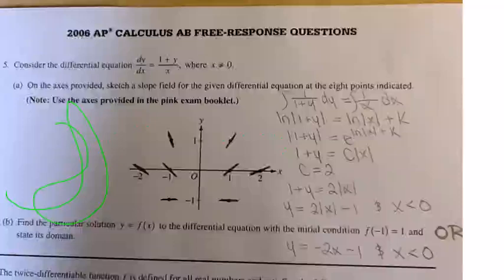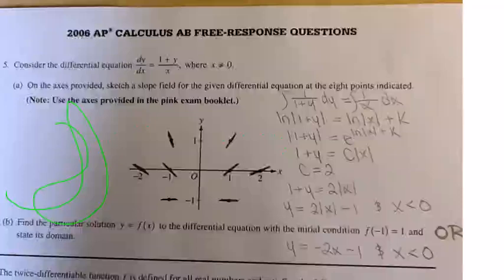Then after that, you get 1 plus y equals c times the absolute value of x. C ultimately becomes 2 after you put in the initial condition.